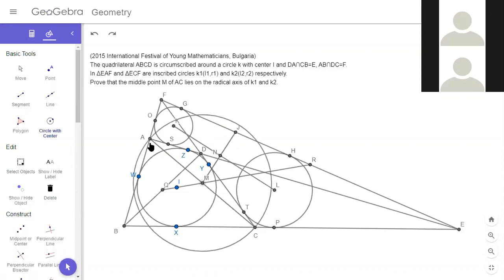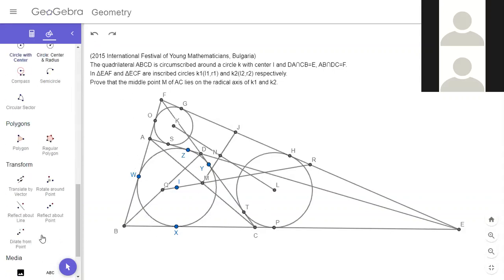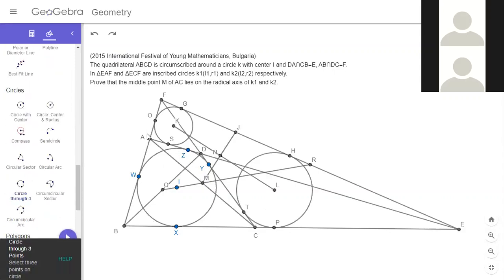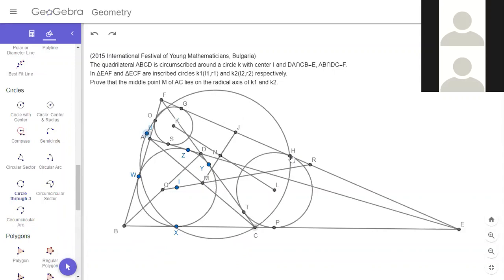A, B, C, D. Oh, ACG. ACGH, sorry. Oops, how did I get point U there? AC. No, they aren't.